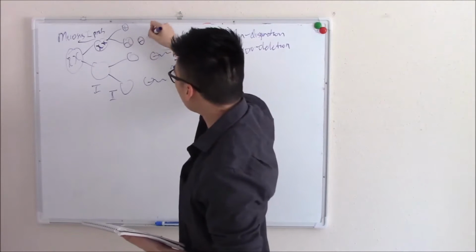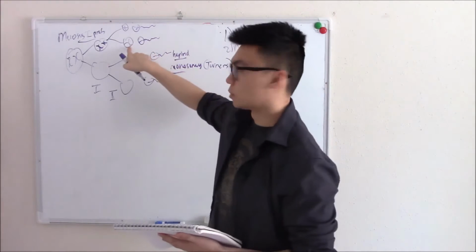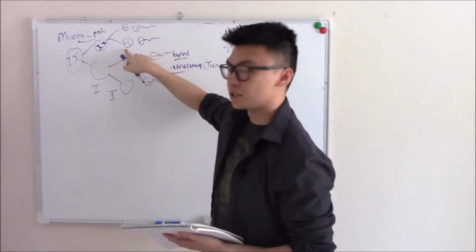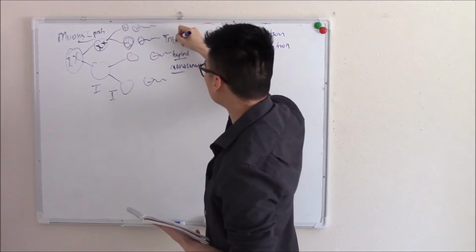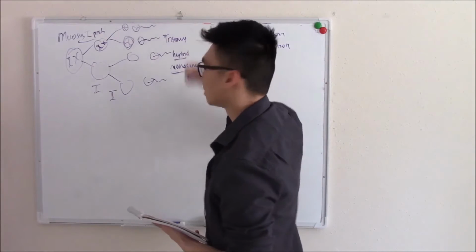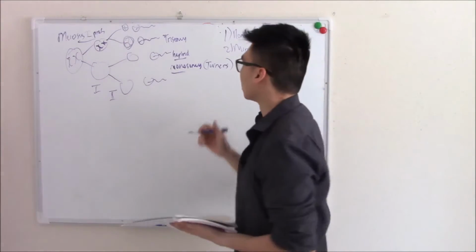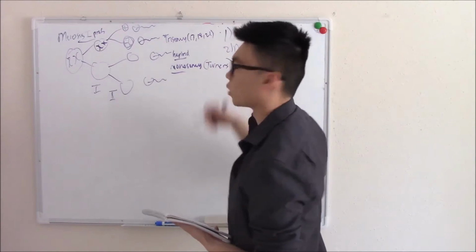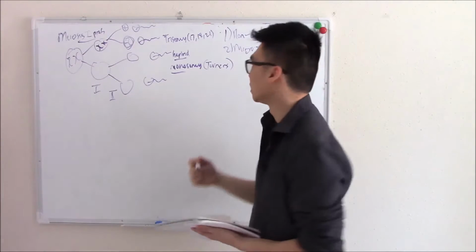If a haploid sperm comes in here, it's going to see that 2 chromosomes. It's going to enter the egg and make trisomies. And trisomies, you can have it in any chromosome, but the main ones we talk about are 13, 18, and 21, or Patau, Edwards, and Down syndrome.